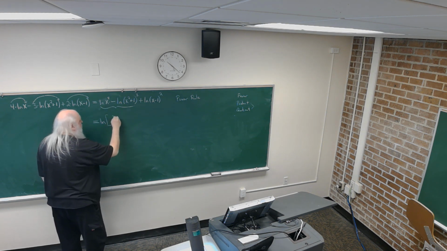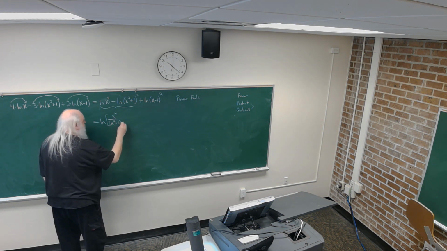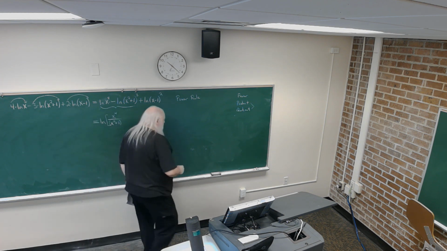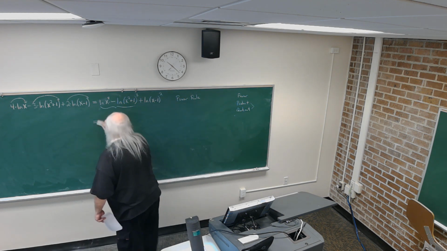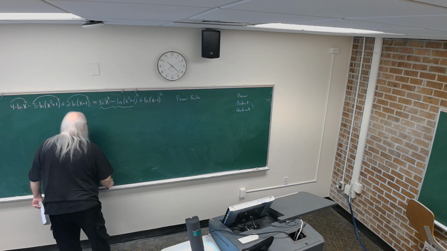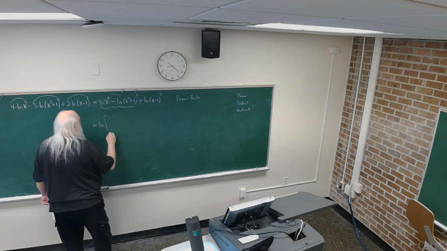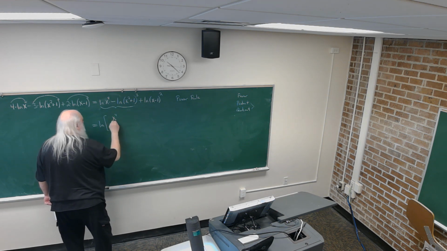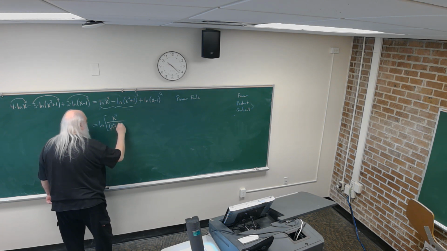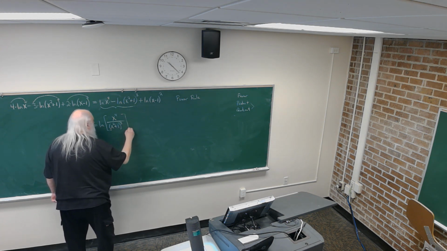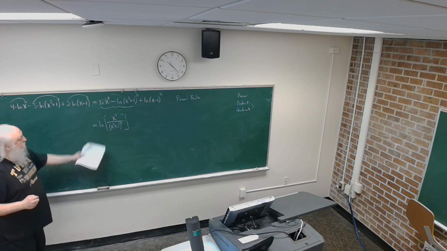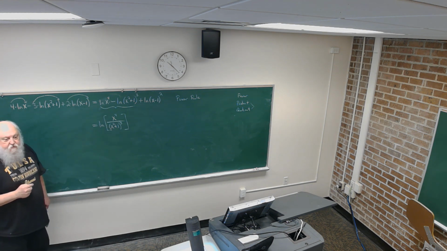X to the fourth is the numerator, and x squared plus 1 cubed is the denominator. So that's the quotient rule applied to that difference.